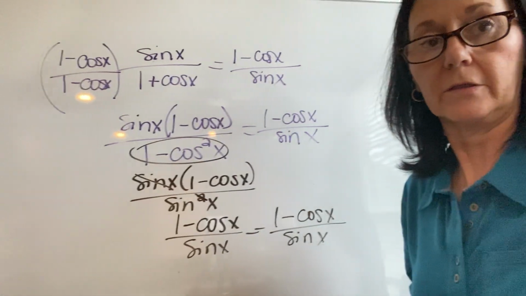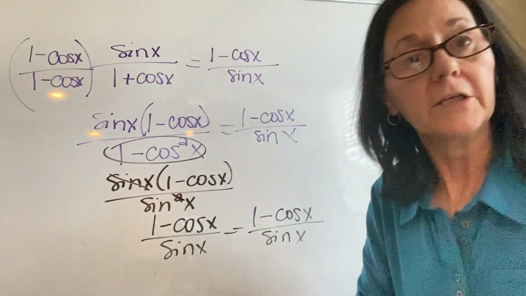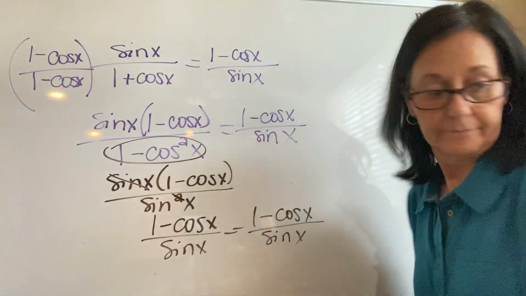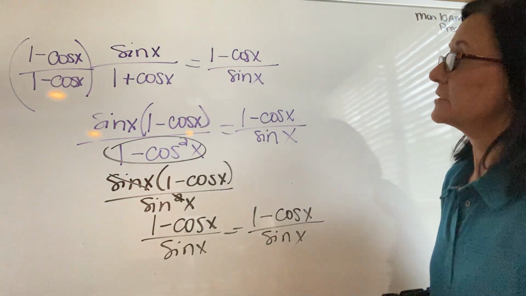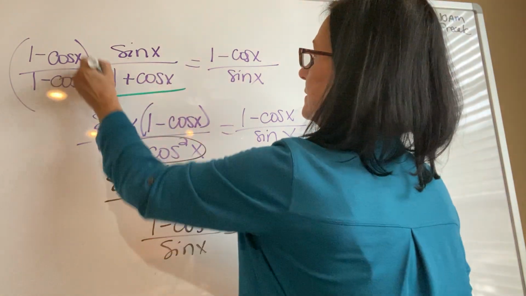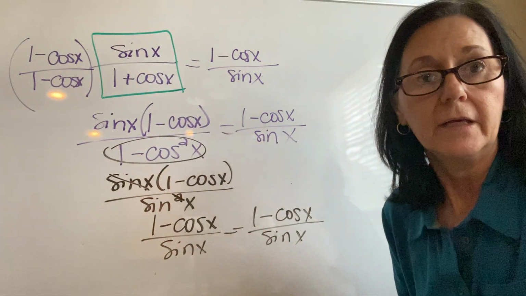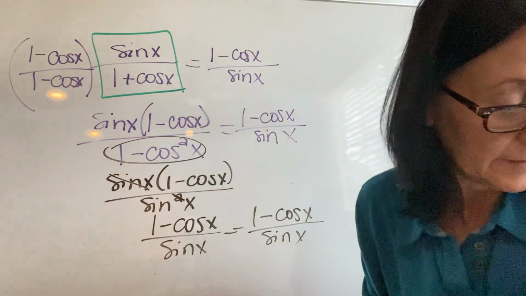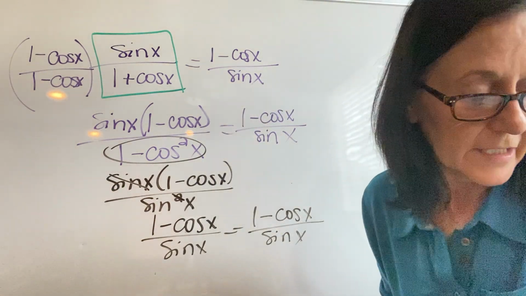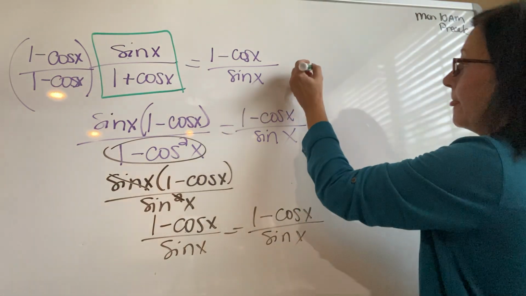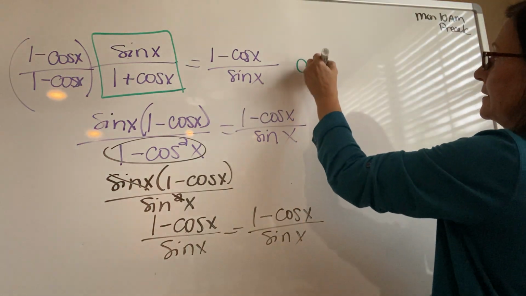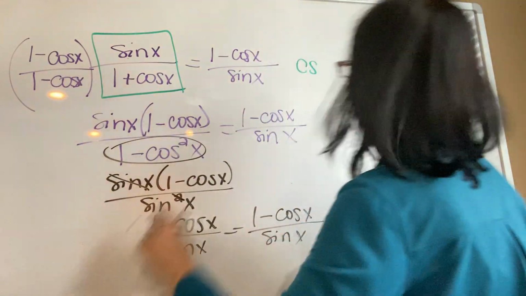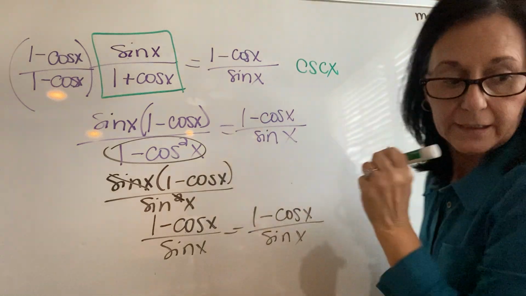So I'm going to work a little bit over here, and I'm only going to look at that left-hand side, because the right-hand side is this. But I'm going to end up in this exact same place. In 6, we have the cosecant of x minus the cotangent of x.